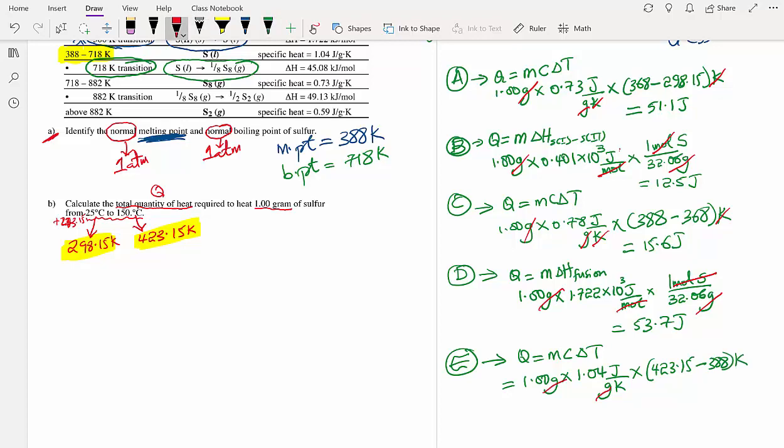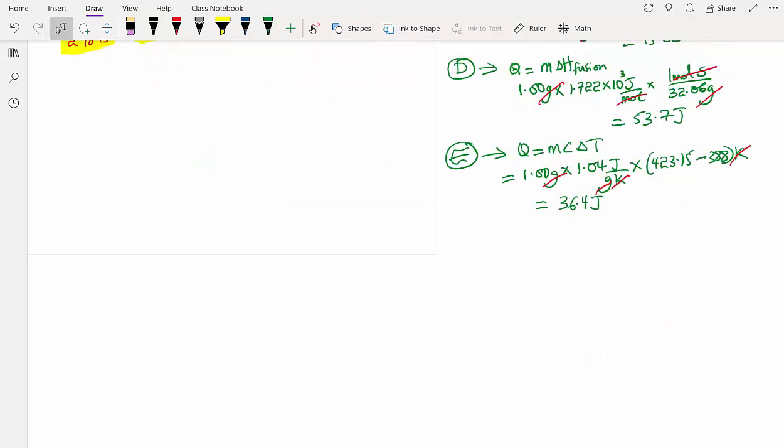Grams will cancel out grams, Kelvin will cancel out Kelvin. If you put all of this into your calculator, you should get 36.4 joules.